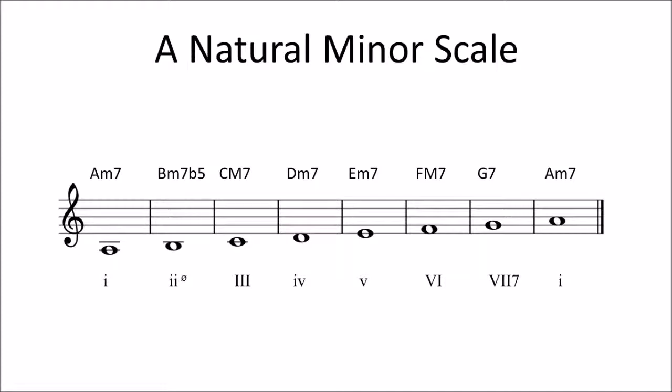So for A minor, the relative major is C. And the diatonic chord of the sixth degree of C major is A minor 7. So we start the natural minor scale out with the minor 7 chord, and since the 7th degree of the major scale is half diminished, the 2nd degree of the natural minor scale is also half diminished, and the rest of the chords are the same as well.